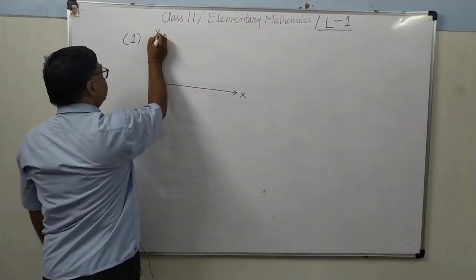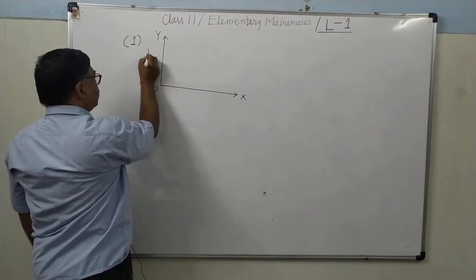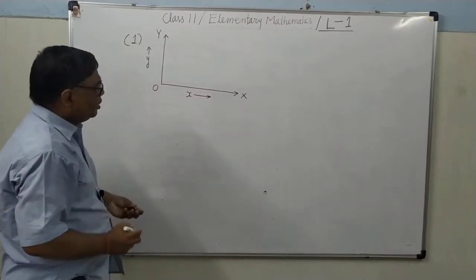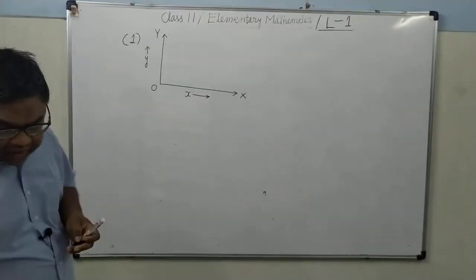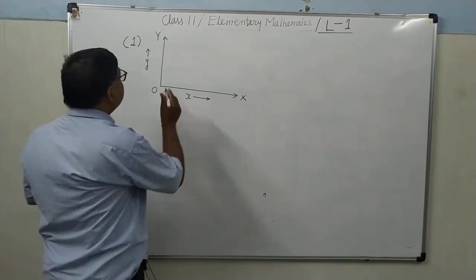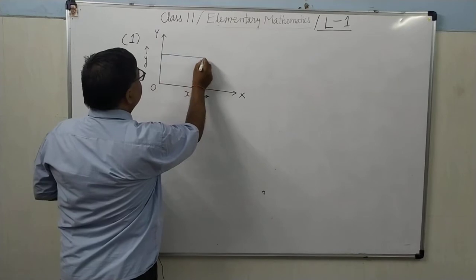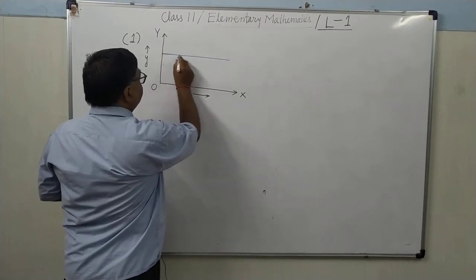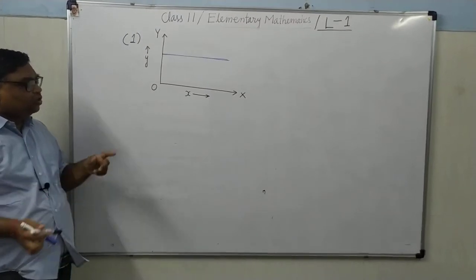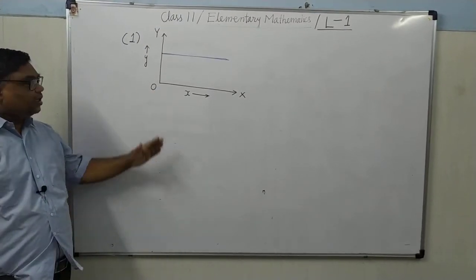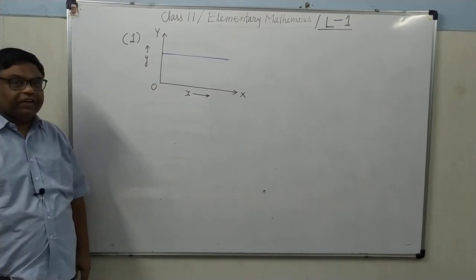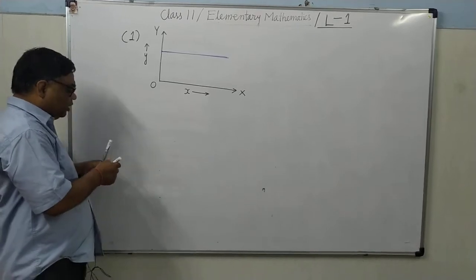Just now I have told you it is this. Is it clear? Now here the graph is like this. If suppose the graph is this, it is a straight line parallel to the x-axis. So here you can see whatever be the value of x, the value of y is always fixed.